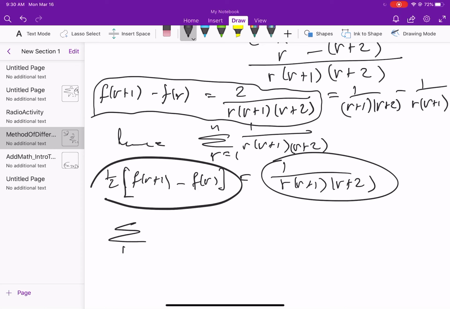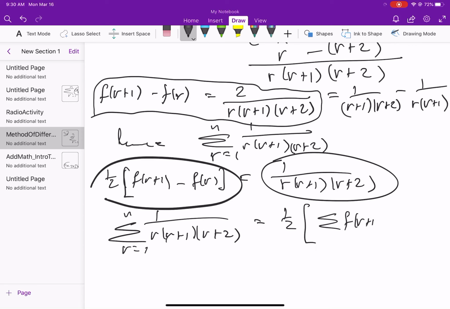The sum from r equal 1 to n of 1 upon r into r plus 1 into r plus 2 can be written as a half into the sum of f of r plus 1 minus the sum, that's of course from r equal 1 to n, of f of r. Now I don't necessarily have to put the expressions in for f of r plus 1 and f of r. I can work with that as it is.